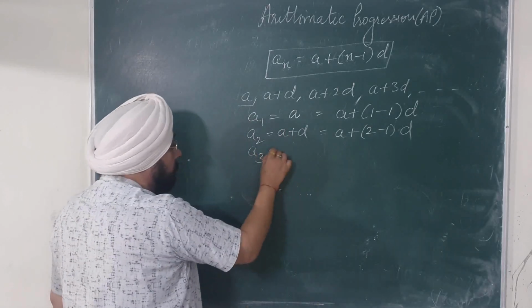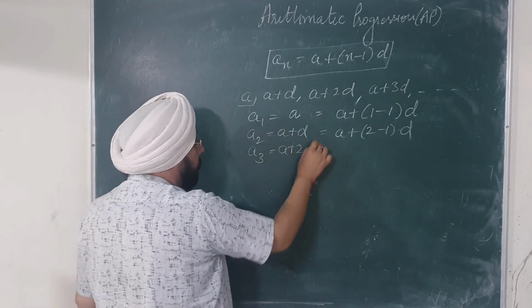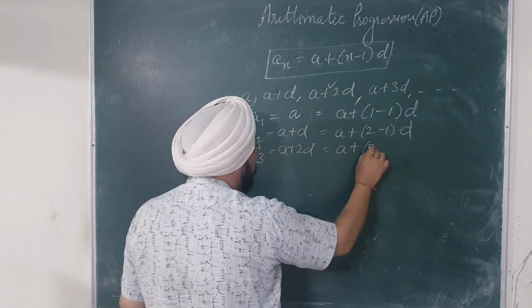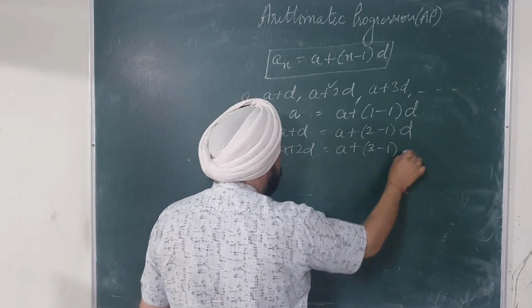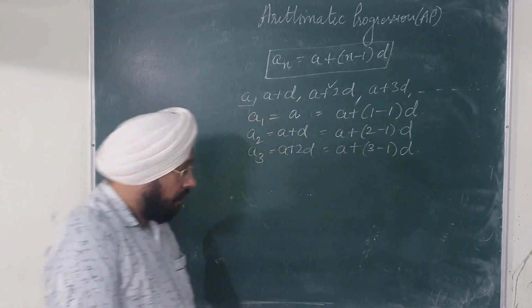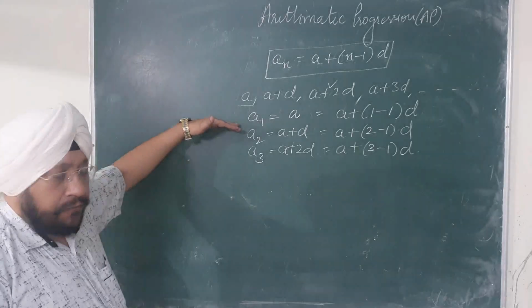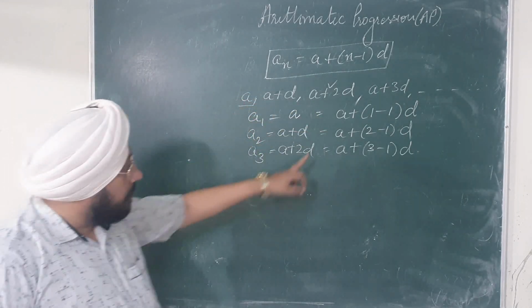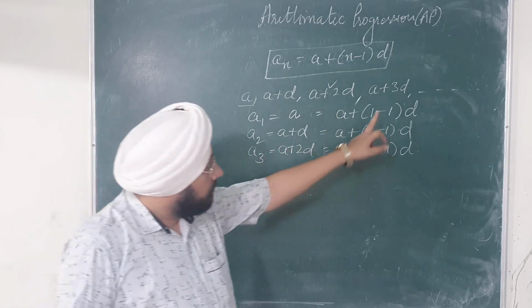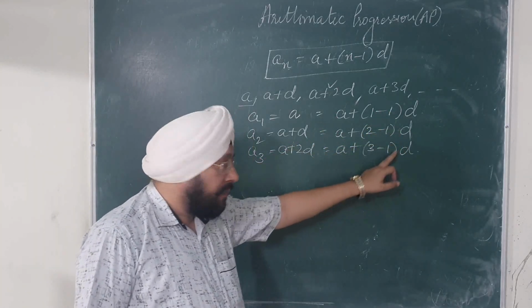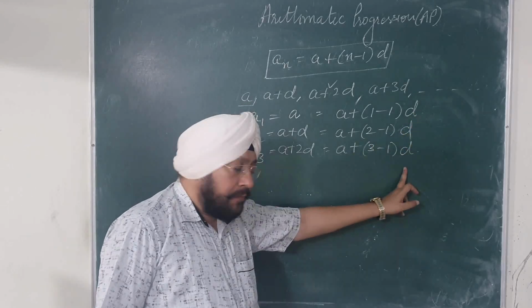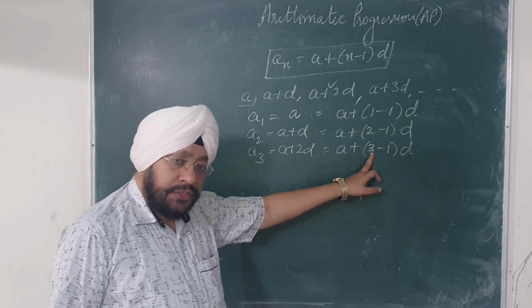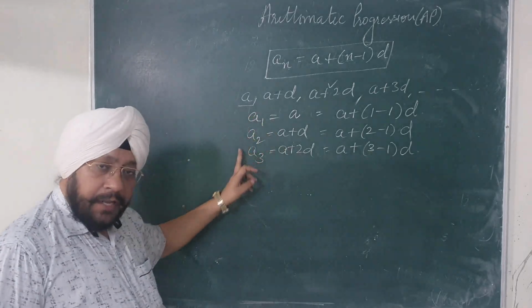Similarly, a3, that is the third term, which is a + 2d, can be written as a + (3 - 1)d. Now, it is clearly seen from these three expressions that in every term a is the same, d is also the same. It means only these numbers 1, 2, 3 are changing according to the particular term.